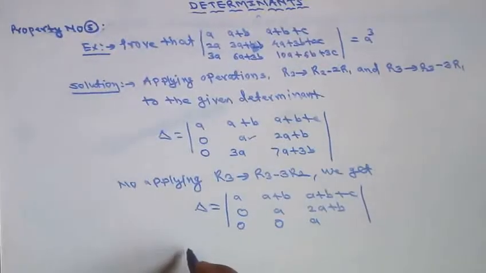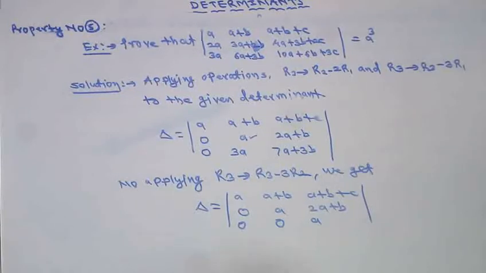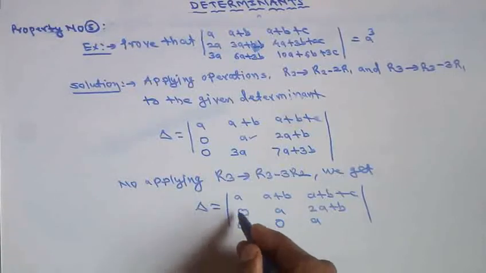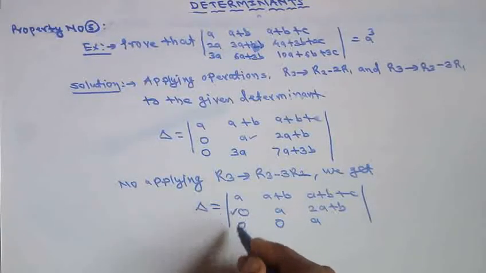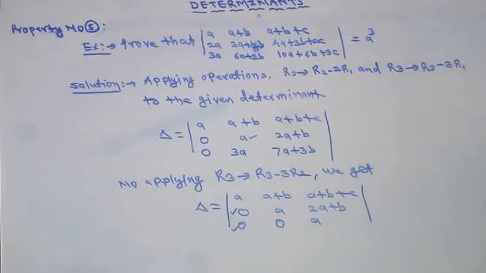Now expand along C1, because you are getting more zeros in C1. Here it is 0, here it is 0, so it will be easy to expand.